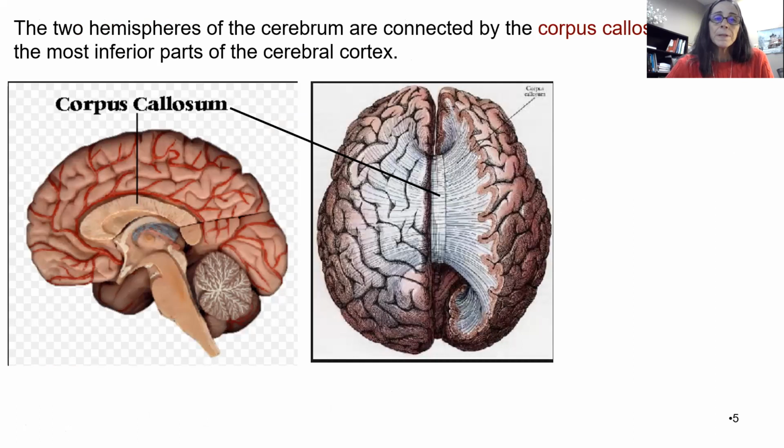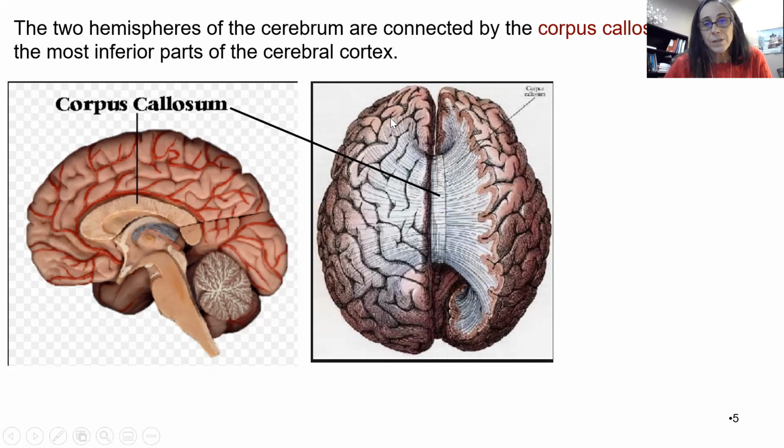Okay, the corpus callosum, CC. That's the nickname I give it. Look at it right here. Here it is. Now, when you look from above, from the superior aspect of the cerebrum, and you're looking at the two hemispheres, you saw that there's a longitudinal fissure. Well, the longitudinal fissure doesn't go all the way through.